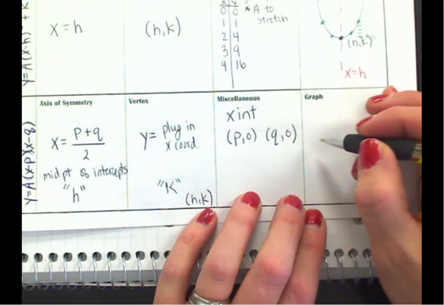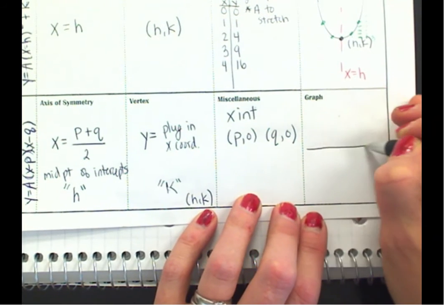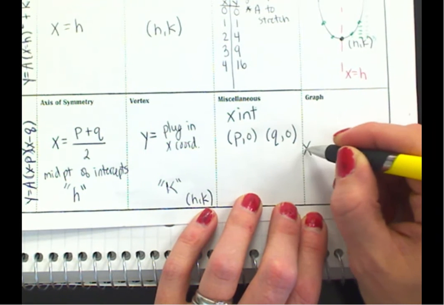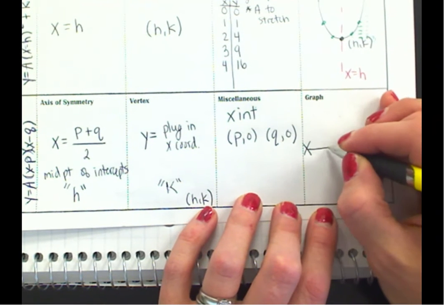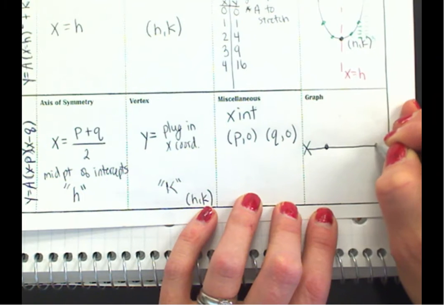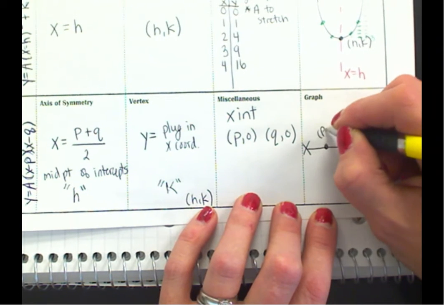And a graph. Now I'm going to put the x-axis on here, not the y, just the x. And I'm going to put my 2 x-intercepts.